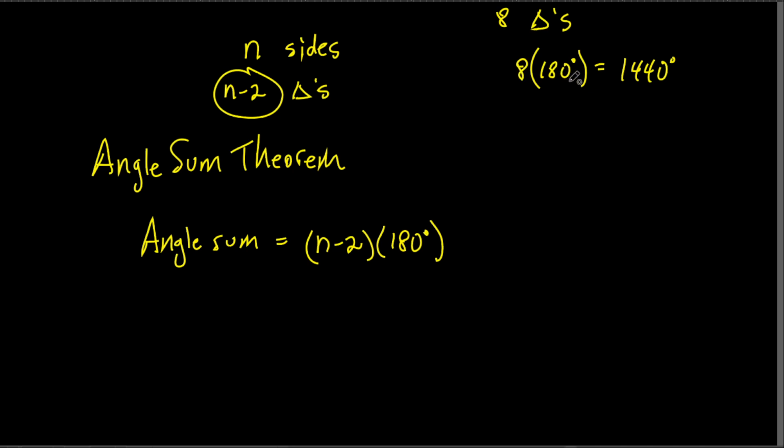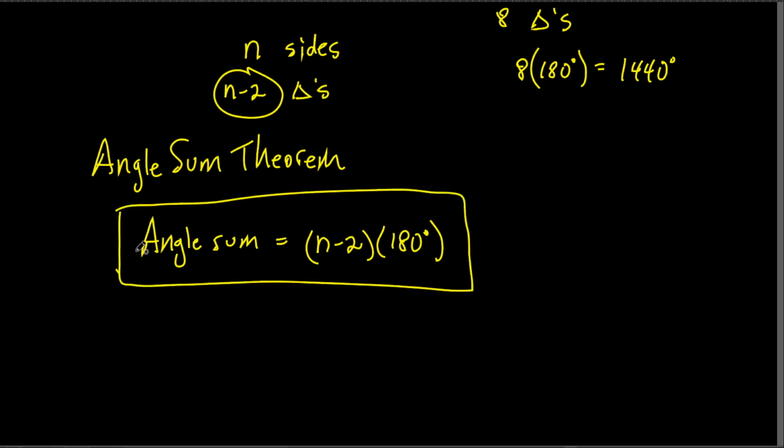We went 8 triangles times 180. We went 4 triangles times 180. 3 triangles times 180, right? How many triangles do we have on a convex polygon? We have n minus 2 triangles, right? Take the number of sides, take 2 away from it, and that is your theorem right there. It's a nice little formula, and it's very useful.